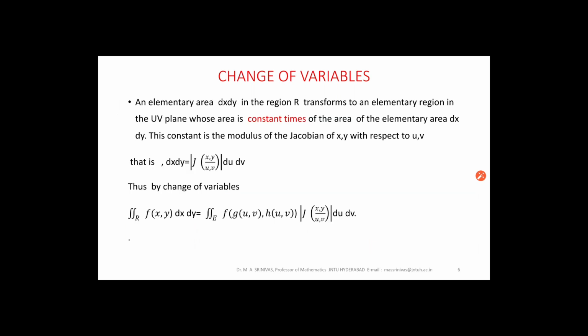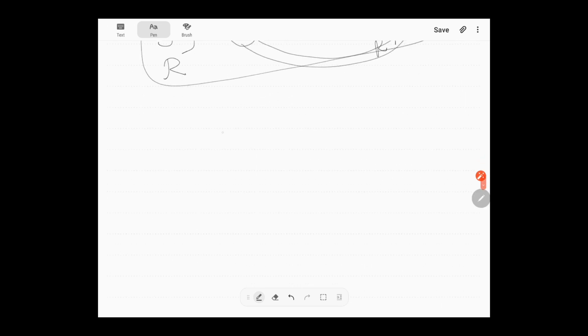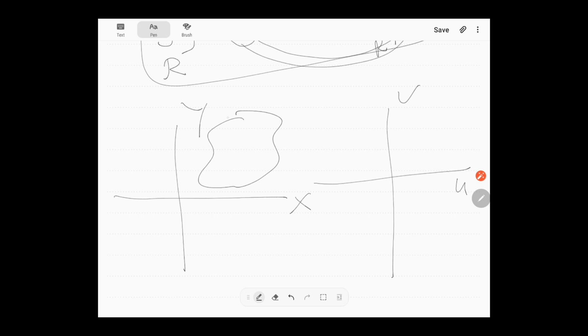Okay, so that is what we have. See, here you have some region in the xy plane, and by the transformation, suppose R is the region, and here you are getting some other region, say I am calling this E. So if I take one point here, correspondingly, I can have one more point here.